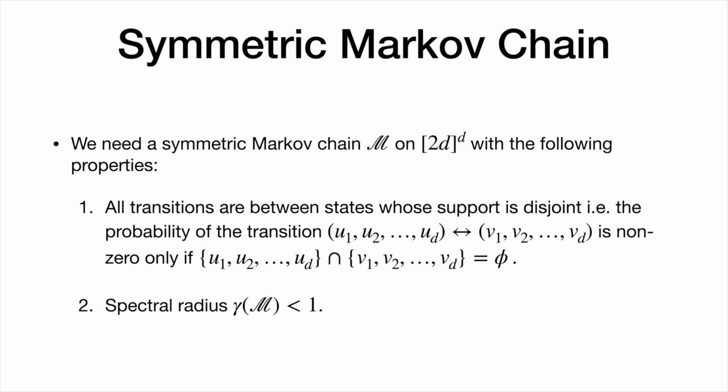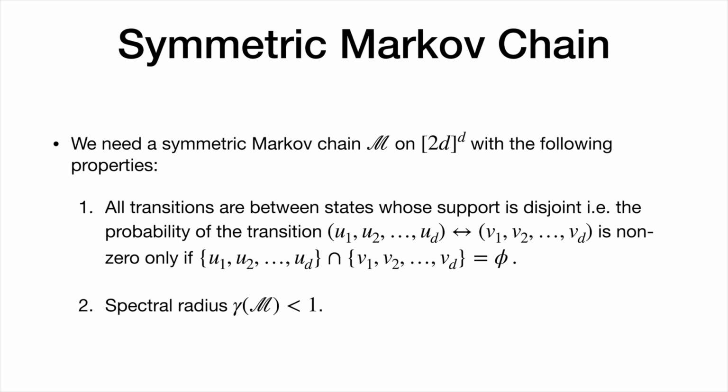What kind of symmetric Markov chain do we need? Our state set is [2D]^D, vectors of dimension D, where the elements of the vector come from 1 to 2D. We need two properties of this symmetric Markov chain.